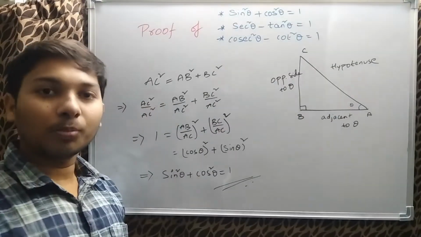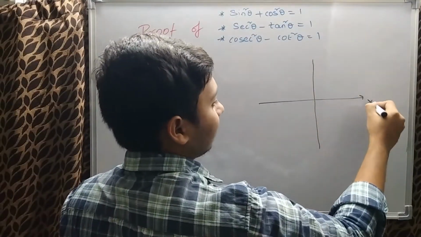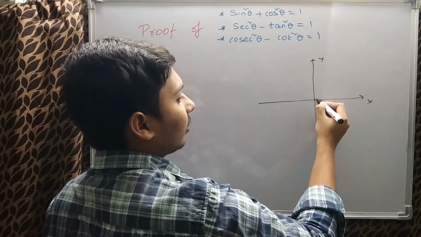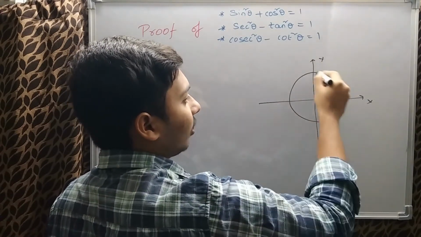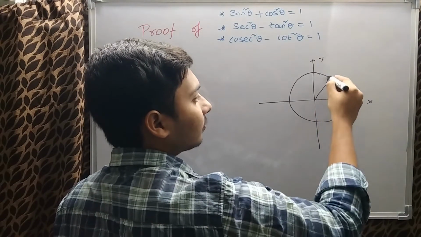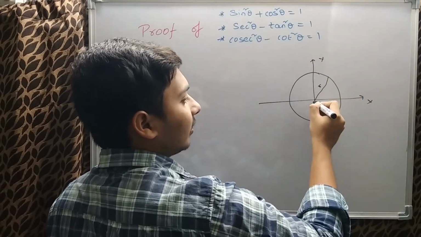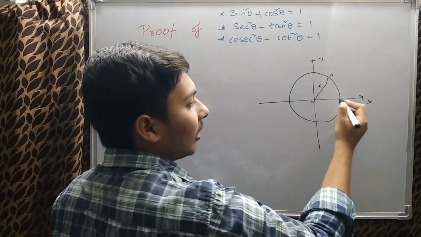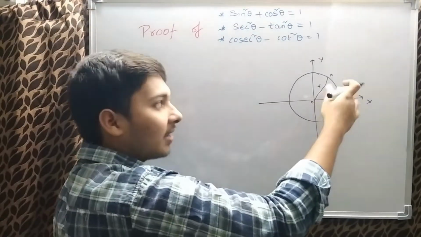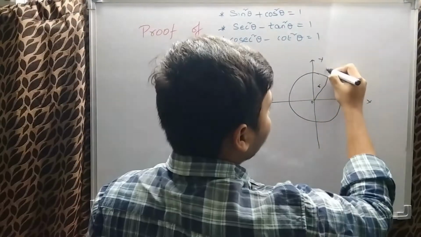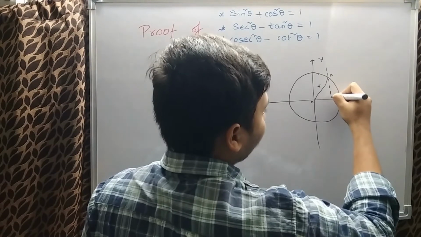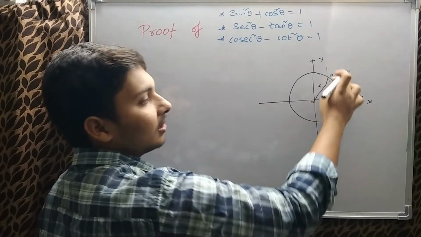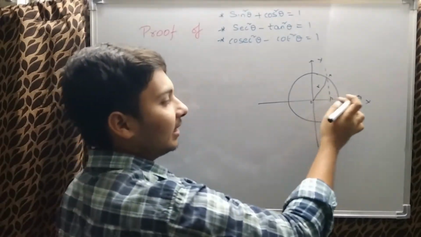There is also another method to prove this. This is x-axis and this is y-axis. With center O, draw a circle of radius r. Let this point be O and this point be A. Draw a perpendicular to x-axis passing through A. Since this is perpendicular, it makes 90 degrees with x-axis.